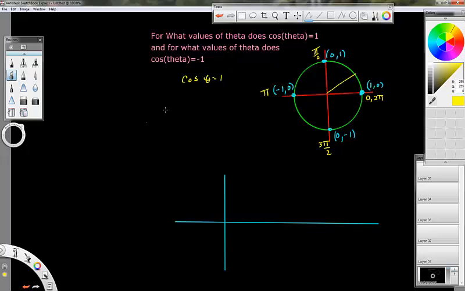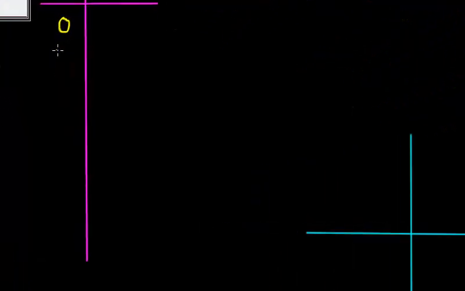All right, so what we're going to do here is make a table over here. We'll call this theta and cosine of theta. I'll make a nice table full of things here that we'll add to this. So we're going to have 0 be our first thing, pi over 2, just like yesterday. Then we have pi, 3 pi over 2, and then 2 pi.